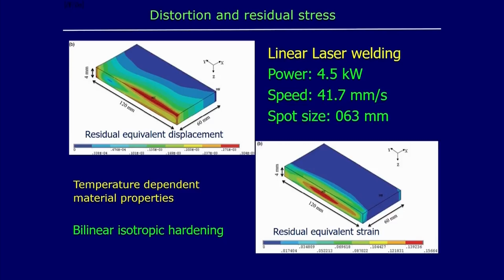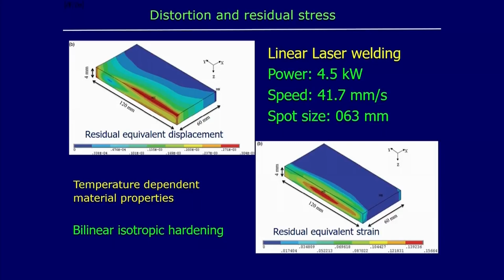The displacement is maximum where the heat source moves along the edge, and in the second case the residual equivalent strain is also generated more or less along the weld line. So, this way it is possible to predict through a finite element based numerical model the residual equivalent displacement and also the residual equivalent strain.